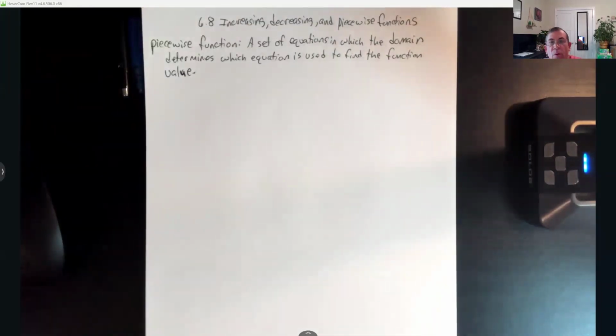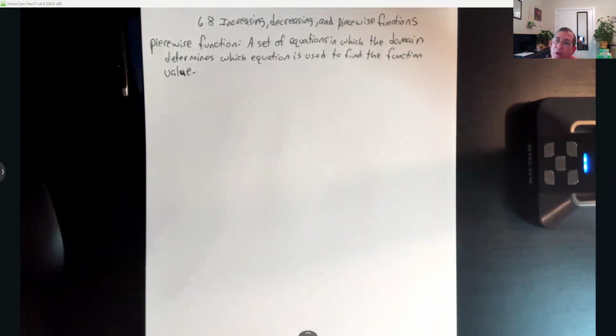So they'll give me two or more equations, and they'll give me a domain after each equation. And depending on the function value, that's going to determine which equation I use, okay?